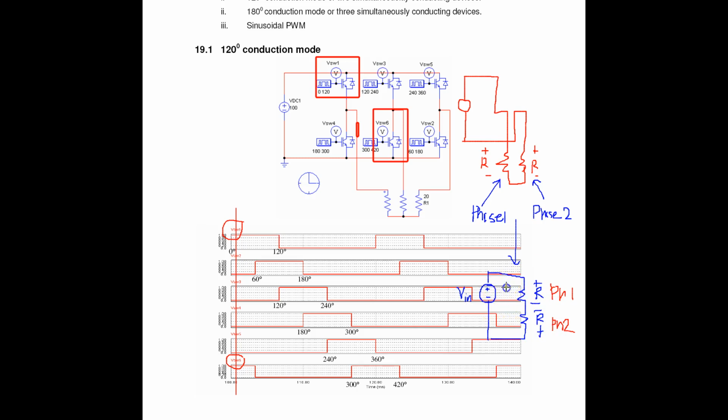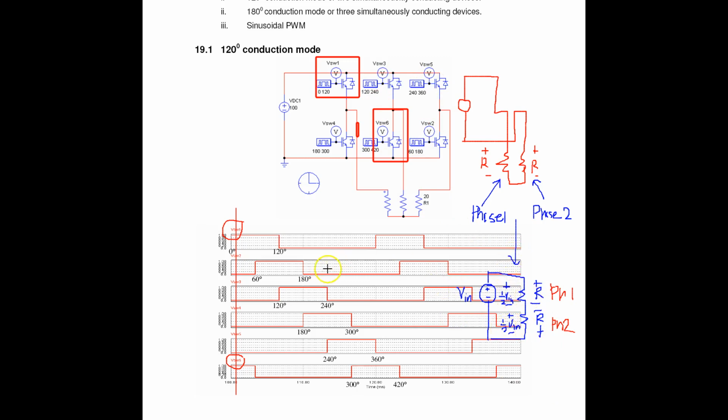So that will be half V in, and you have another plus minus half V in for the second phase. Right. Okay, so that is basically the equivalent circuit and the voltage across each phase there.